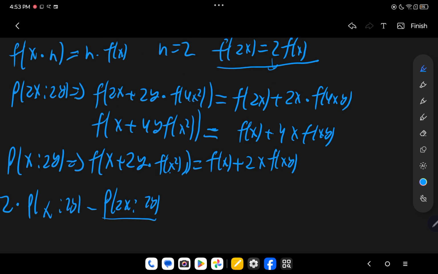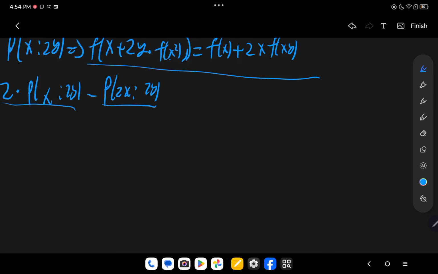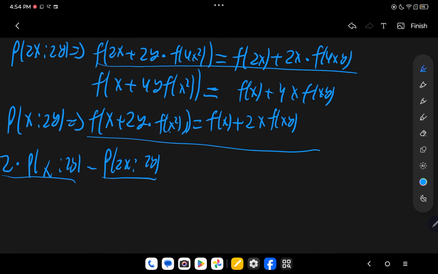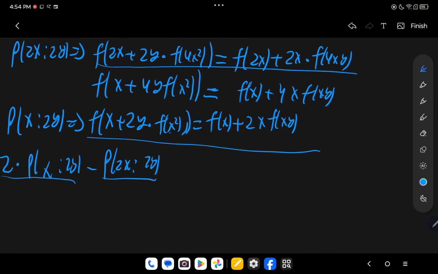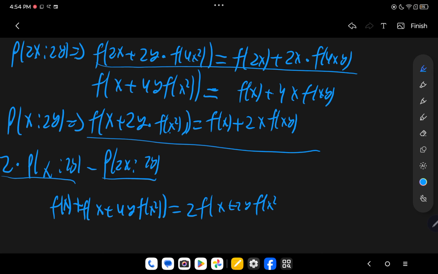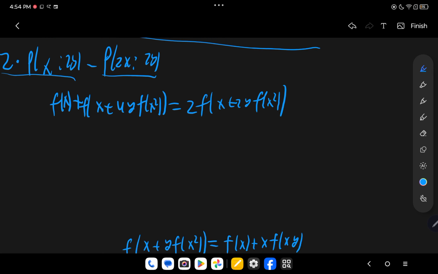We know this is equal to this, and this is 2 times this. So we will get that f(x plus 4y times f(x) squared) is equal to 2 times f(x plus 2y f(x) squared). It's easy to subtract this too, and we will get this.